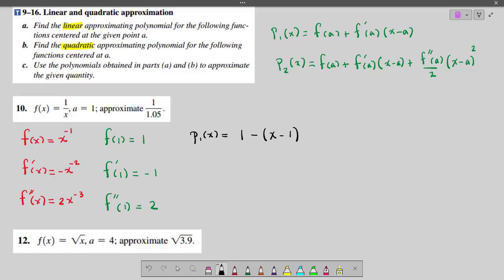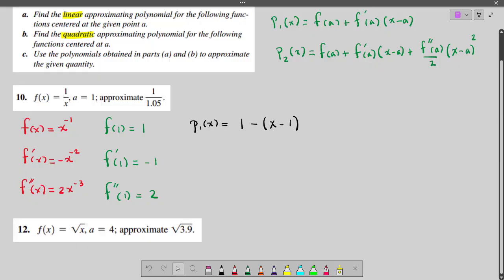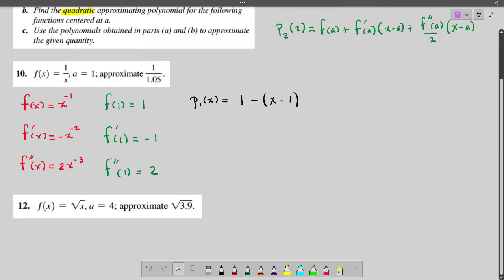You do not have to simplify these approximating polynomials. The only ones that simplify in any decent way are the first couple, so we usually don't simplify them at all. So there's P1. P sub 2 is going to be exactly P sub 1, but then we add the quadratic piece.